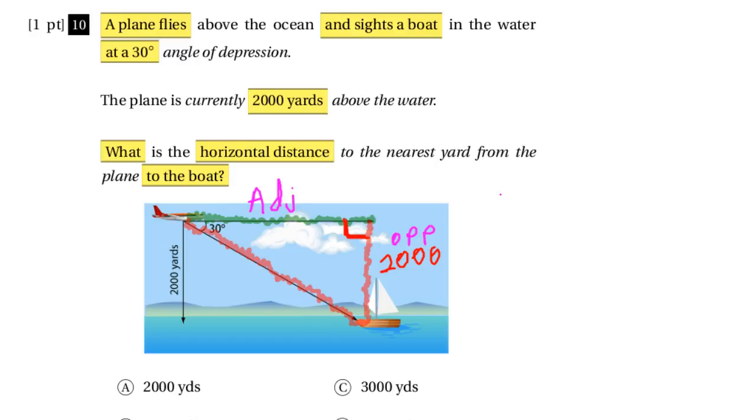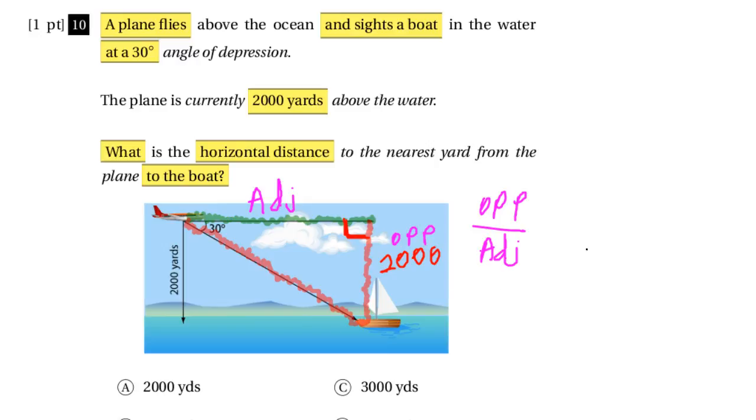So knowing that this is an opposite over adjacent type setup, you're going to need to use the ratio that uses opposite over adjacent with a 30-degree angle. So if I do that on my calculator quickly over here, I can see that if I do that particular ratio with a 30-degree angle, my calculator gives that to me as a 0.5773 decimal.